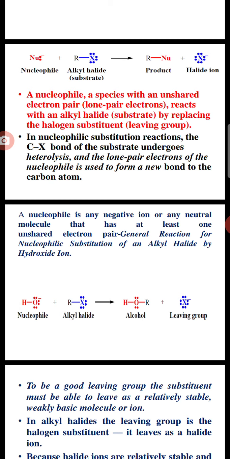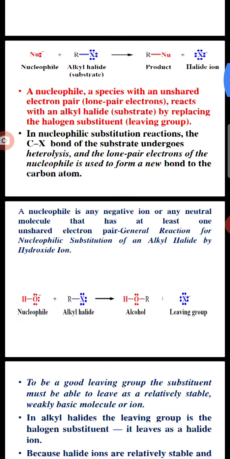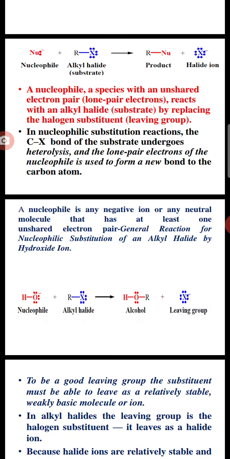In a nucleophilic substitution reaction, the carbon-halogen bond of the substrate undergoes cleavage, and the lone pair of electrons of the nucleophile is used to form a new bond to the carbon atom. A nucleophile is any negative ion or neutral molecule that has at least one unshared electron pair.